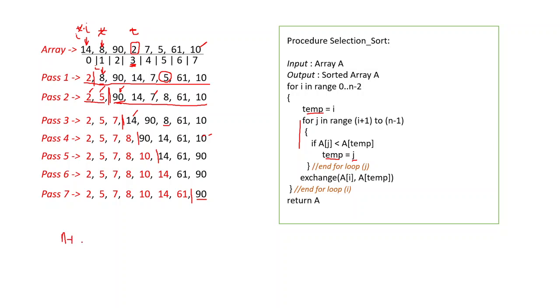In the next pass, the number of comparisons made is n minus 2. In the third pass, the number of comparisons made is n minus 3. This continues, and finally we just need to make one comparison.